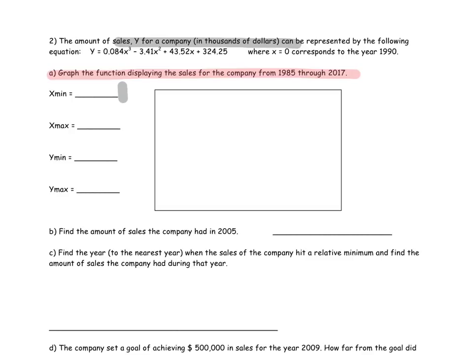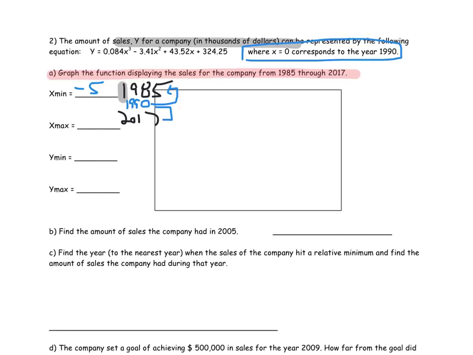So your X-min is going to be 1985, your X-max is going to be 2017, and here you're told that 0 corresponded to the year 1990. Well, 1990 is between those two years, and here our X-min is going to be -5 because 1985 is 5 years prior to 1990. Well, what's our X-max going to be?